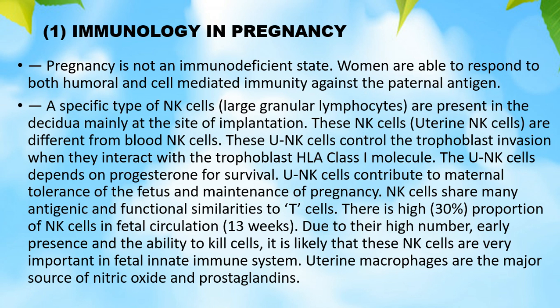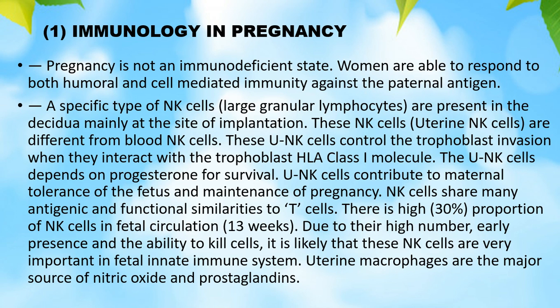These uterine NK cells control the trophoblast invasion when they interact with the trophoblast HLA class I molecule. The uterine NK cells depend on progesterone for their survival. The uterine NK cells contribute to maternal tolerance of the fetus and maintenance of pregnancy. That's why it is not rejected. NK cells share many antigenic and functional similarities to T cells.